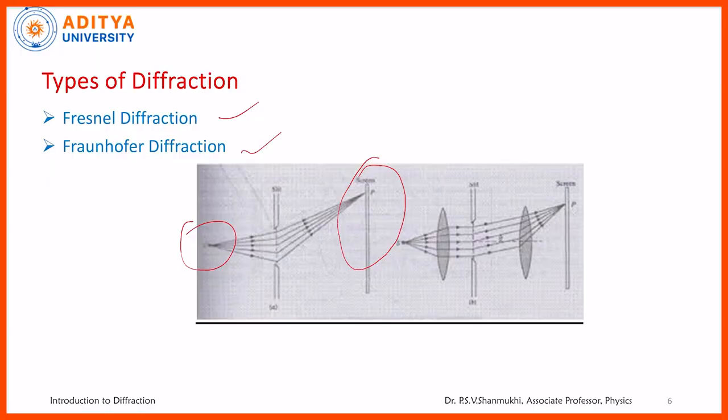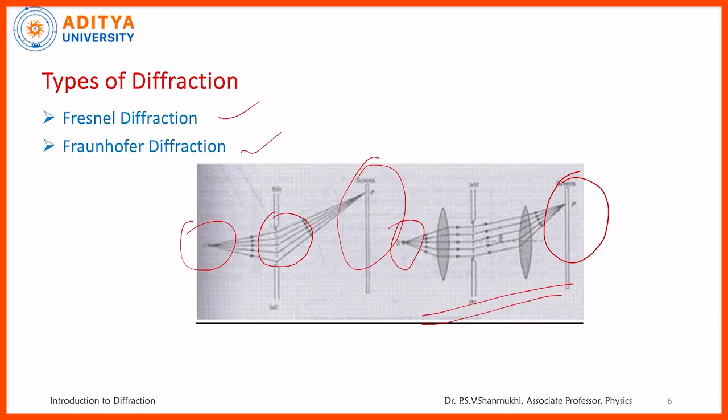The source and screen are kept at a finite distance from the diffracting agent, which may be a slit, an aperture or an obstacle. Whereas in Fraunhofer diffraction, both the source and screen are kept at infinite distance.